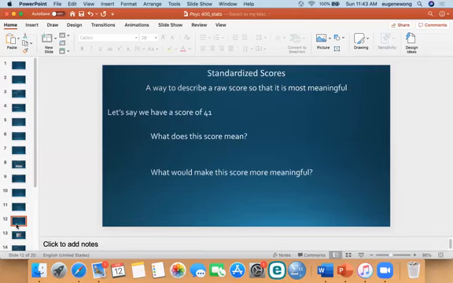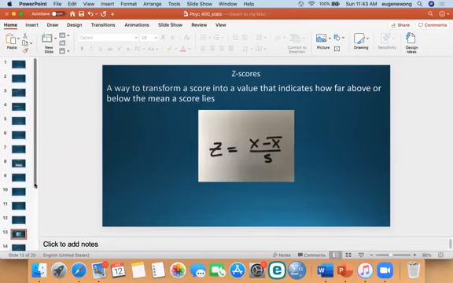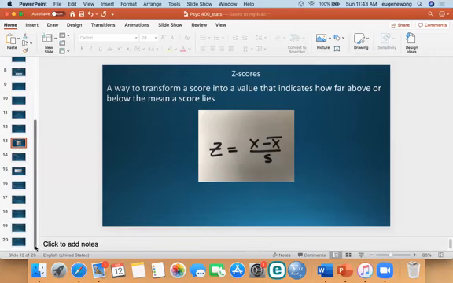So one kind of standardized score is this thing called a z-score. A z-score is just a way to transform a number, for example, the 41 that I showed you in the last slide.